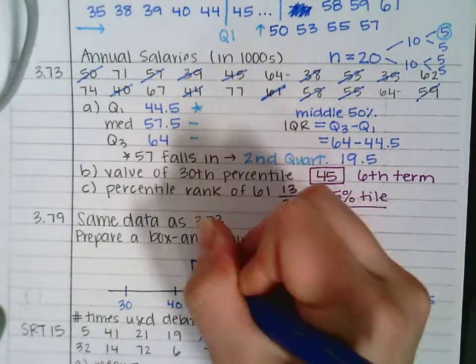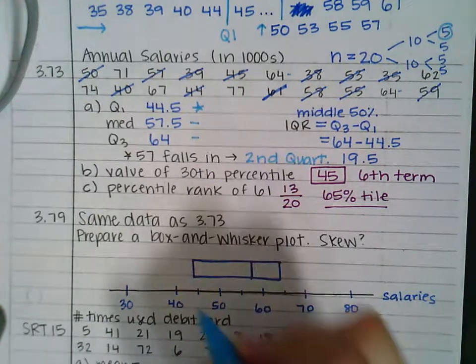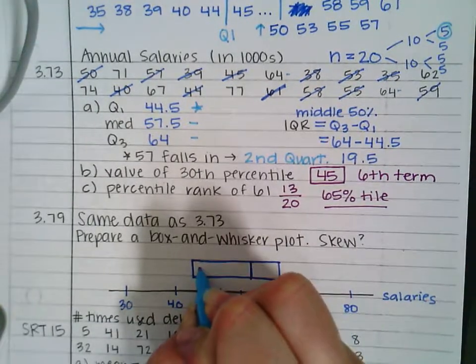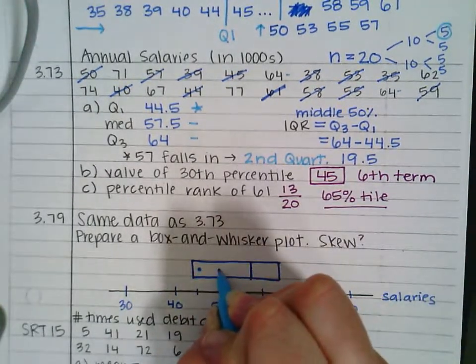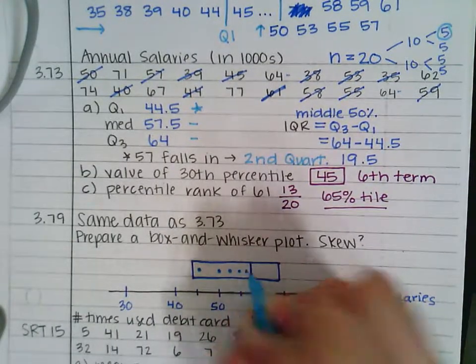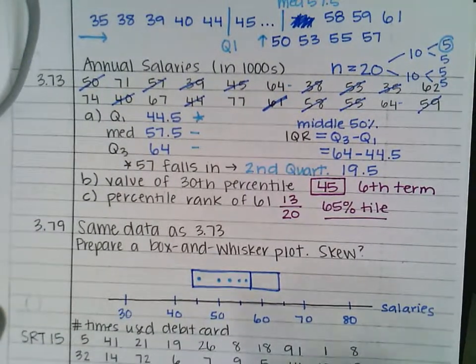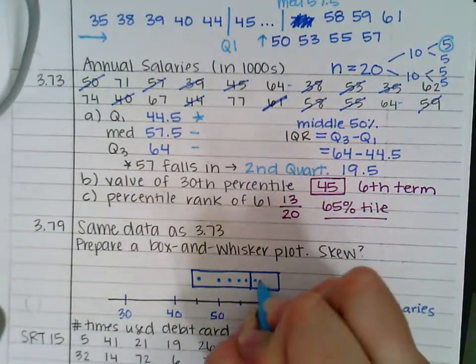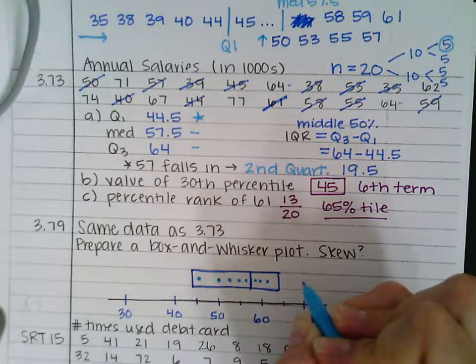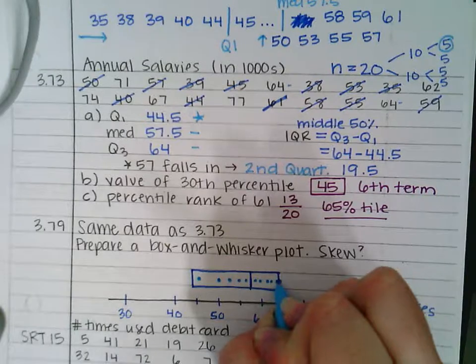Now remember, there's still 5 data points in each piece here. The reason that this box looks like it does is those 5 data points are more spread out: 61, 62, 64, right?